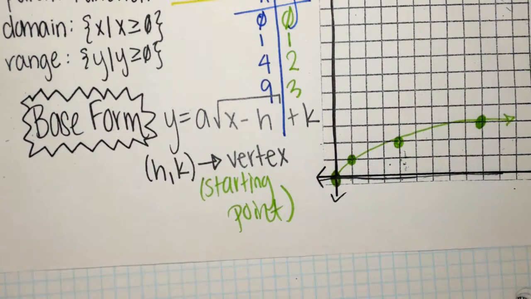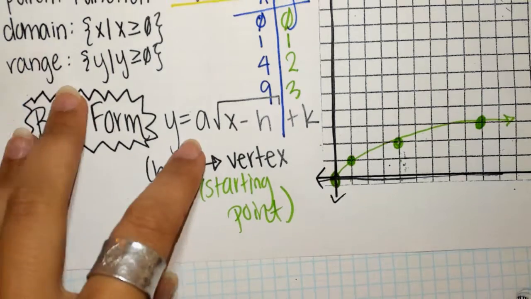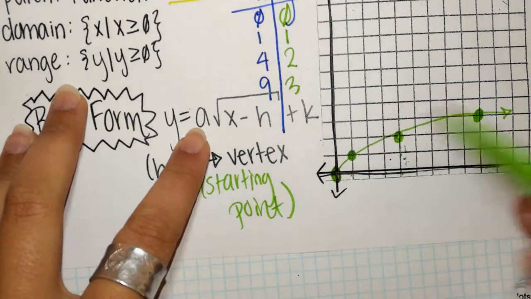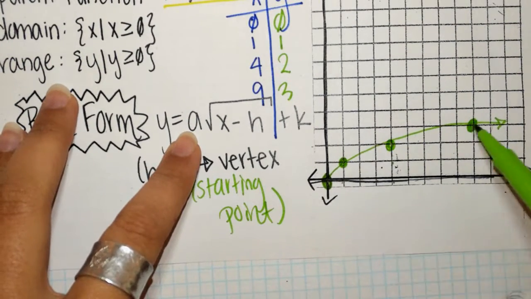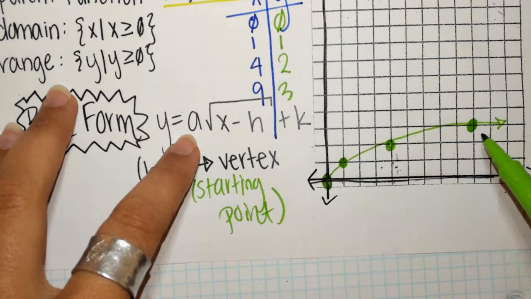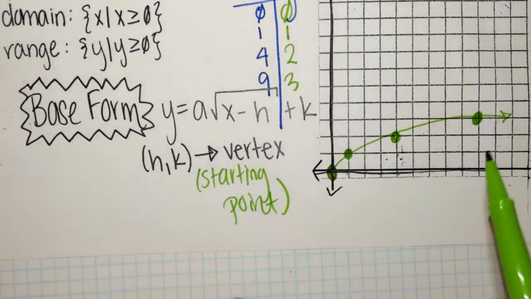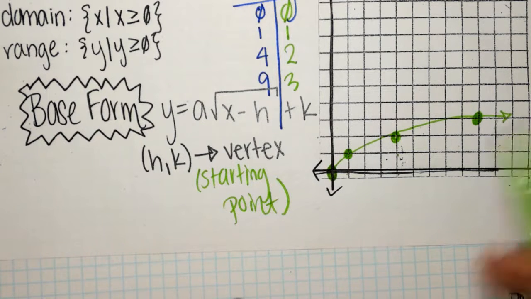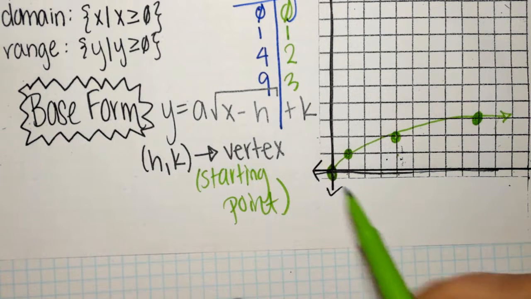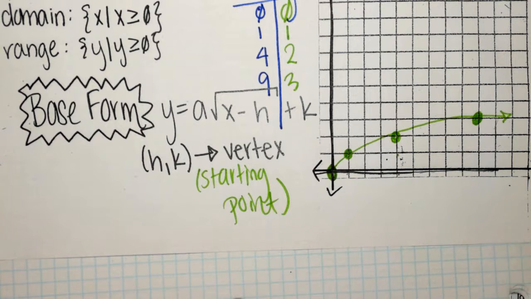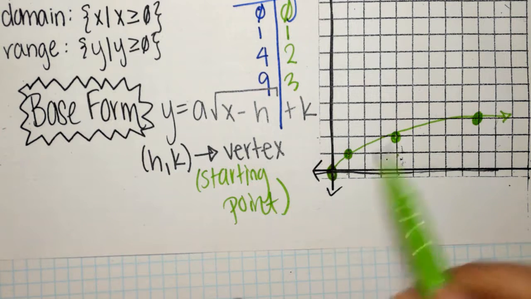Now, a has the same properties as before. If a is positive, we're going to have a half arc. But if it's negative, it'll go this way. So what could we call it so that we remember it?